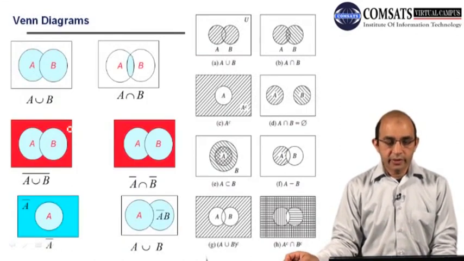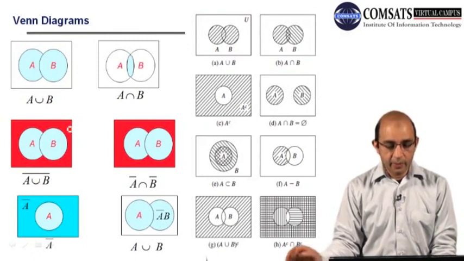So let's move to the Venn diagrams, and they are always explaining the same sort of and, or, not.